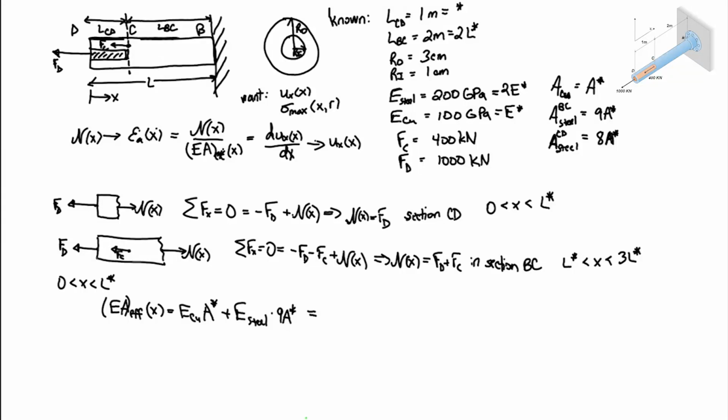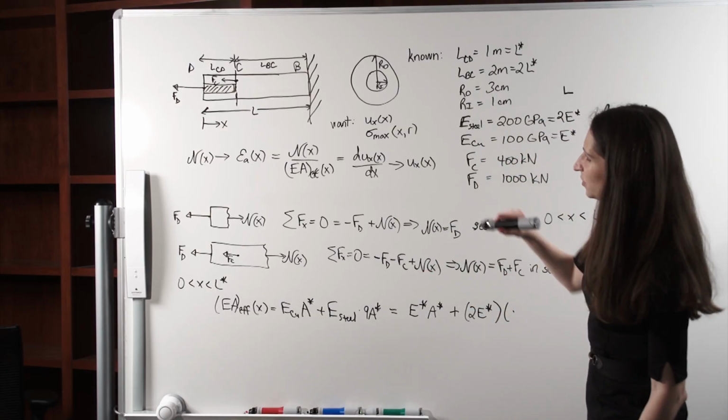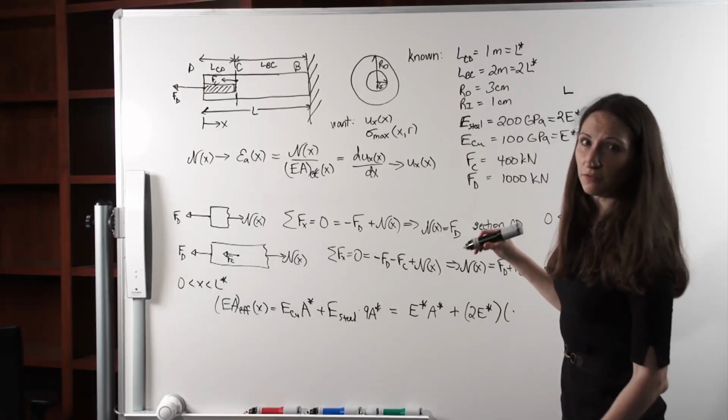So we have, again, that E copper is E star, so here we just have E star A star, plus 2E star times 9. Oops, that's not 9. Remember, that's 8, because we just want the area of the sleeve for the steel, right?